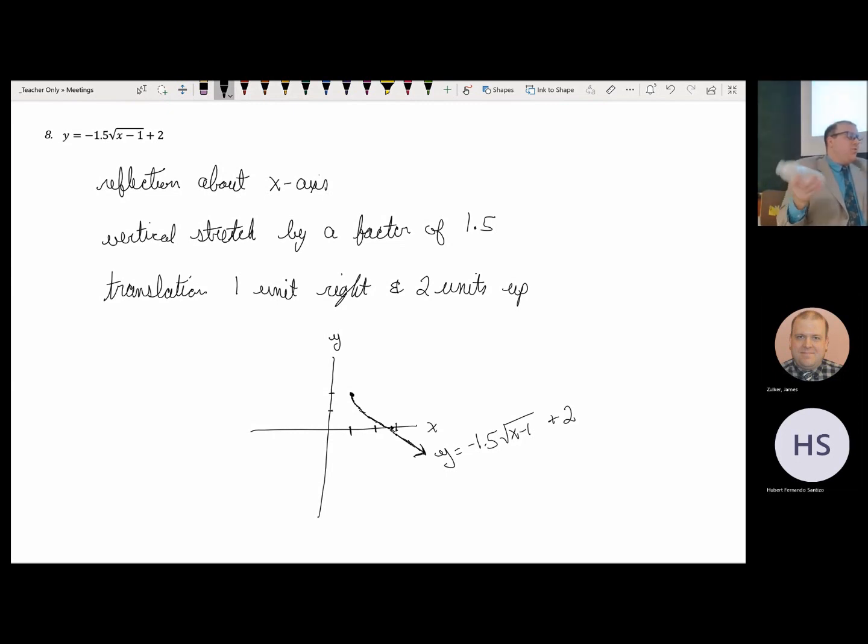Greater than 1, it's a stretch. Less than 1 is a compress. And remember, it's always going to be positive, because negative just tells you it's reflecting. So you just look at the absolute value of the constant. Yes, because the negative flips it, and then the 3 stretches it. So just think of the negative and the k as separate entities. It's like -1 times k, and that -1 tells you it's a reflection.